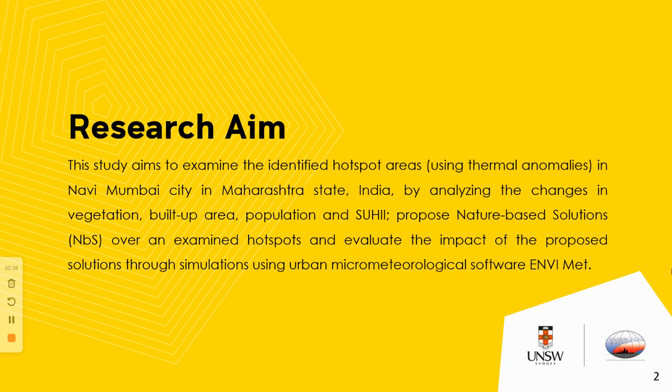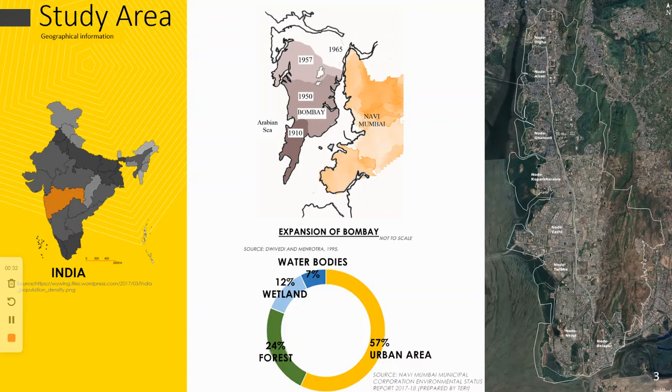That is, the study area is Navi Mumbai. Just to have a brief discussion about Navi Mumbai, because it's important to know the context and the rationale why I selected this area. Mumbai is one of the metro cities in India which is growing tremendously at a very high rate. And late in the 1970s, the government decided that we need to have a parallel city which can help in decongesting the city of Mumbai.